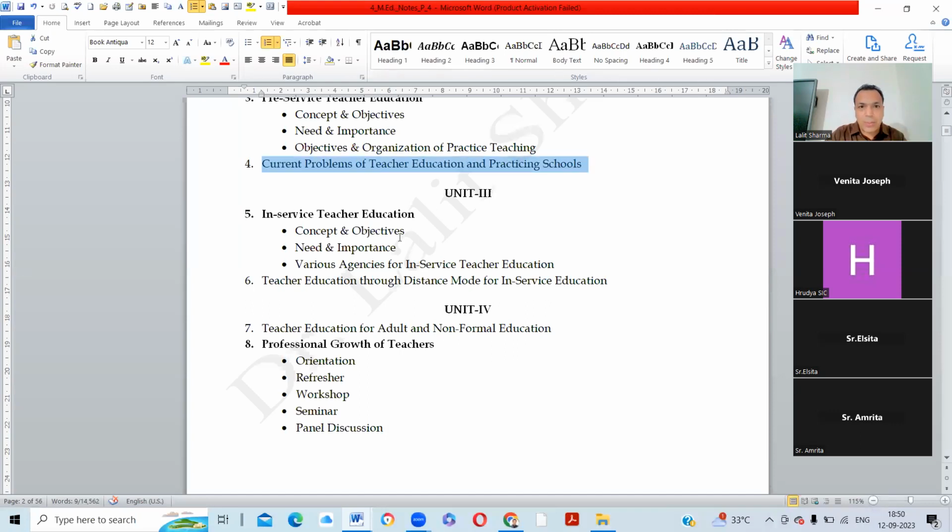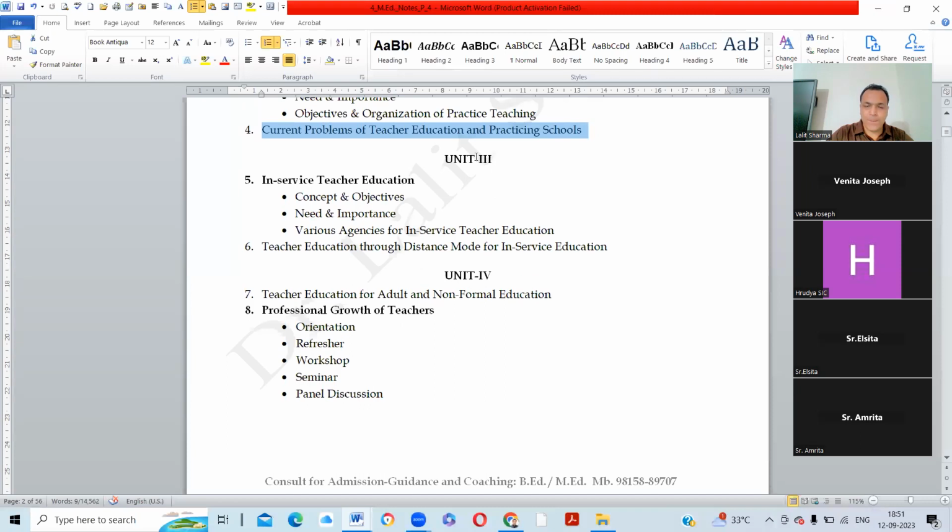It is talking about current problems of teacher education programs, means all the B.Ed, M.Ed colleges, CTET colleges, NTT colleges across India, whatever problems they are facing. Lack of resources, lack of finance, expert teachers. These are general points you can write under the current problems faced by the teacher education programs and practicing schools.